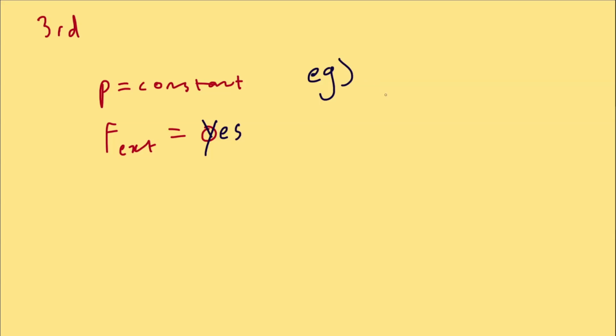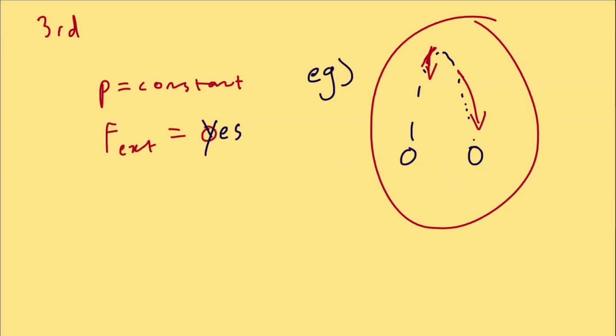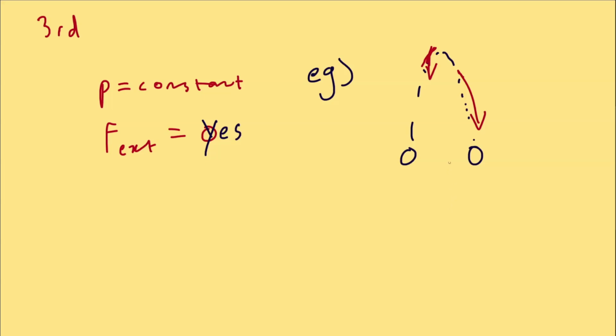Let me explain this to you. Imagine you throw a ball into the air, and then the ball on the way up will slowly slow down because of gravity, and then it'll speed up. The momentum of this ball specifically is changing. It's low up here, and then it's higher on the way down. The total momentum in this system is not constant because there's the external force of Earth's gravity.